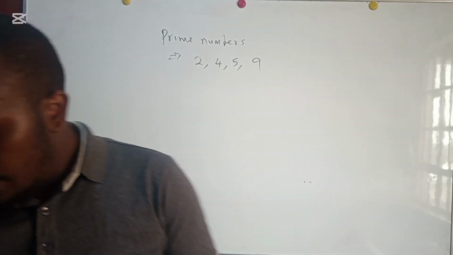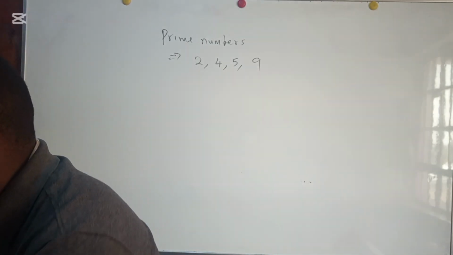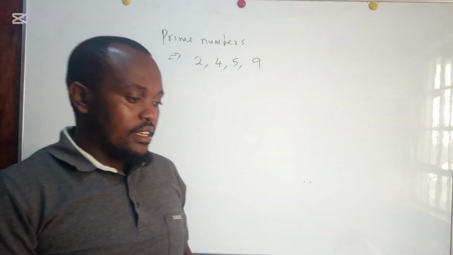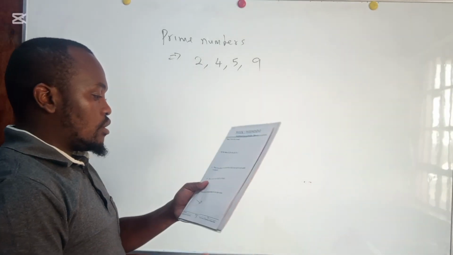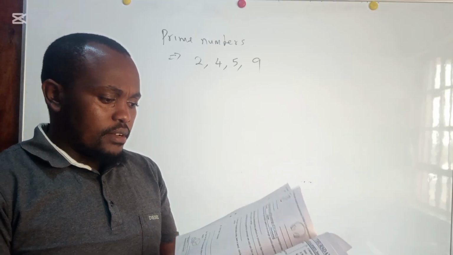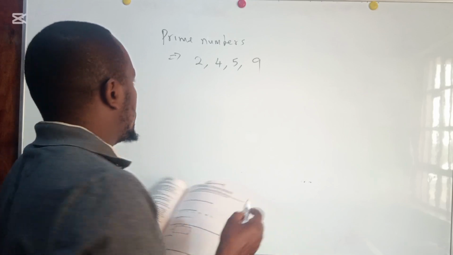And in another book that I have here, you are told to highlight prime numbers, to circle. I think that question is somewhere else. It is the second bit. So circle all the prime numbers.